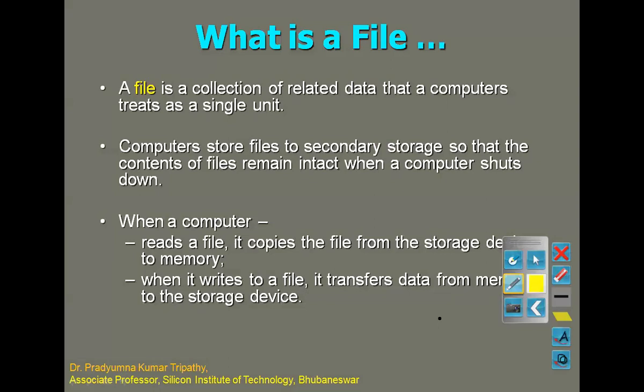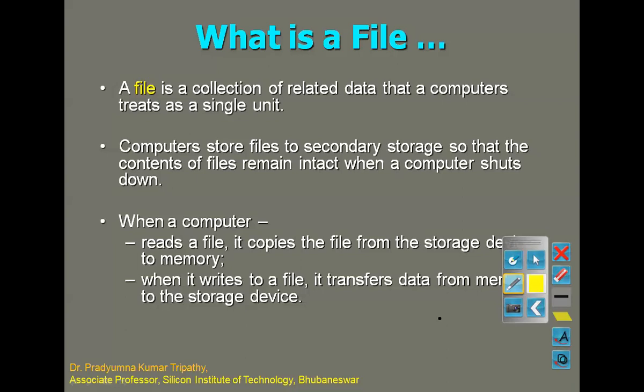A file contains a particular kind of information. If it is a text file, it contains text information. If it is an image file, it contains image information. If it is an audio file, it contains audio information.